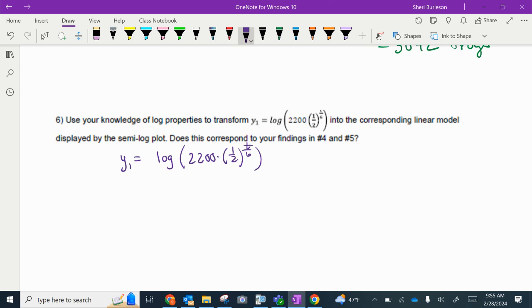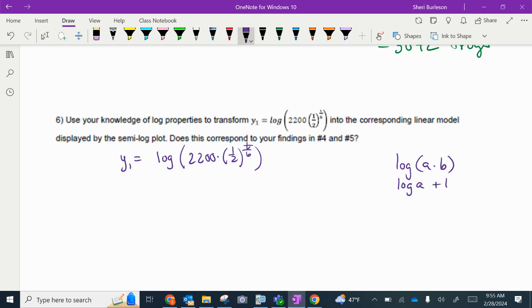If I have multiplication inside my log, what can I do?